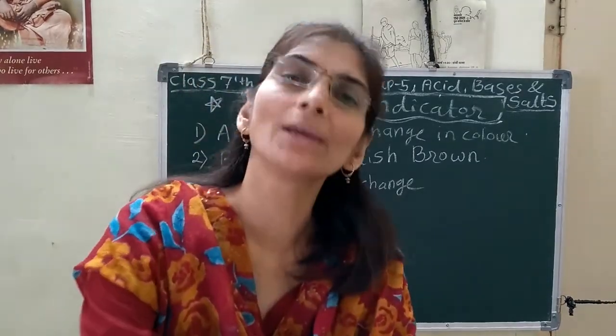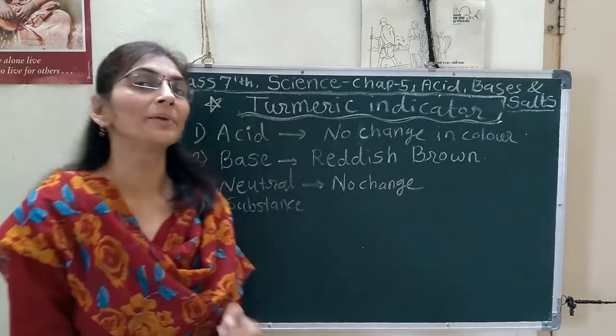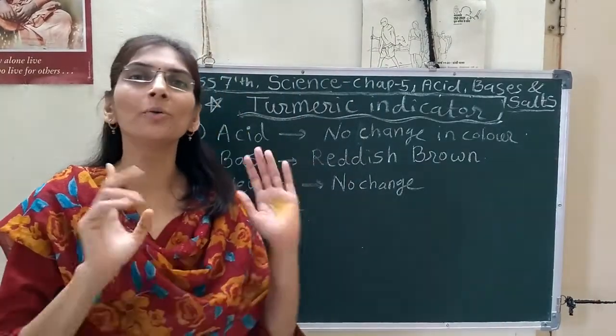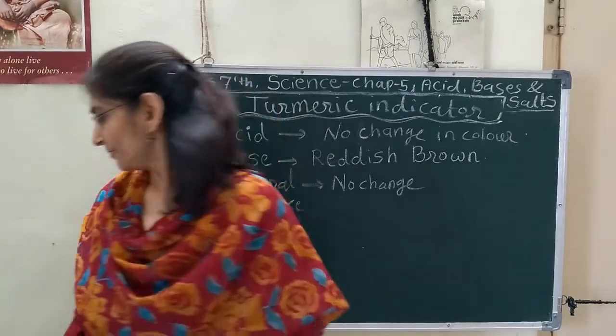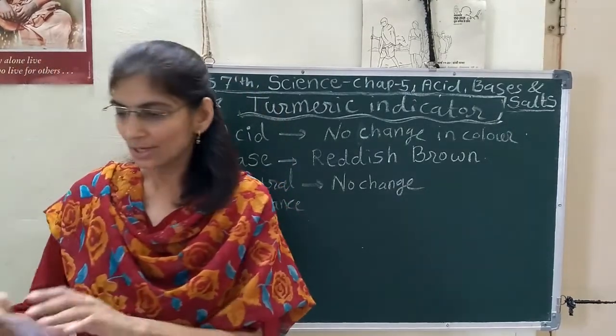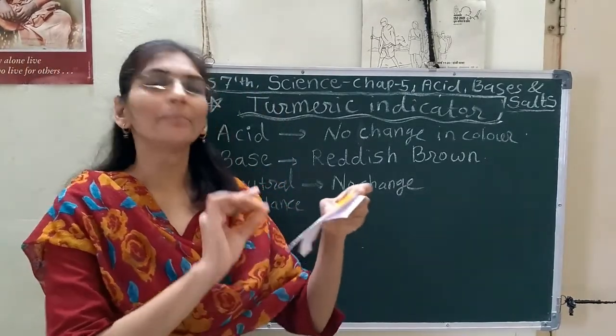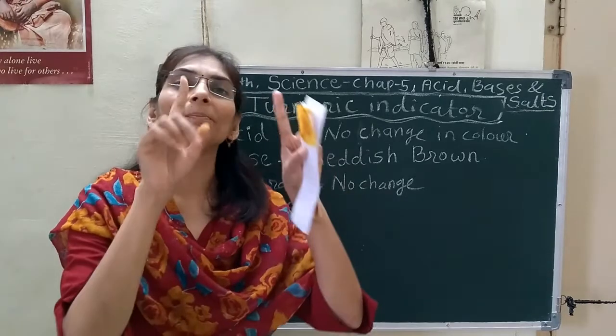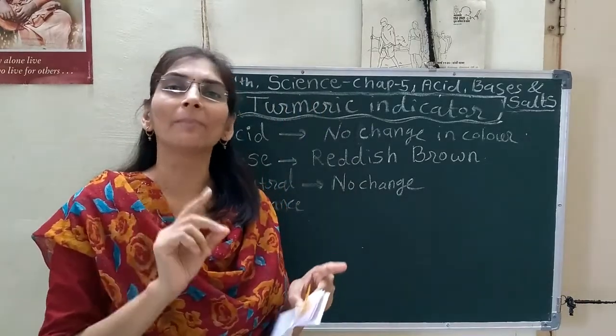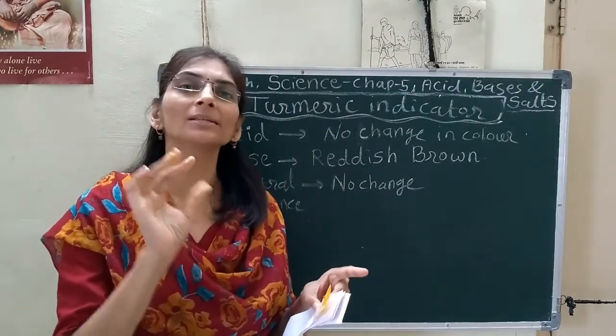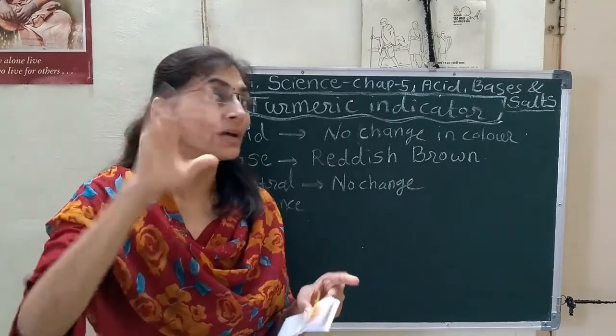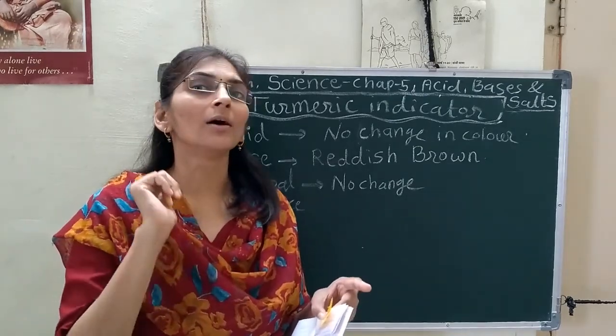So by using this property of turmeric paper, you have to perform one activity. First you have to apply paste of turmeric on plain paper, and that paper should be of suitable size, so that you can make a greeting card for your favorite person.